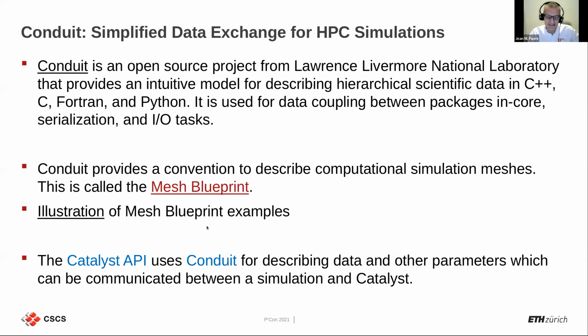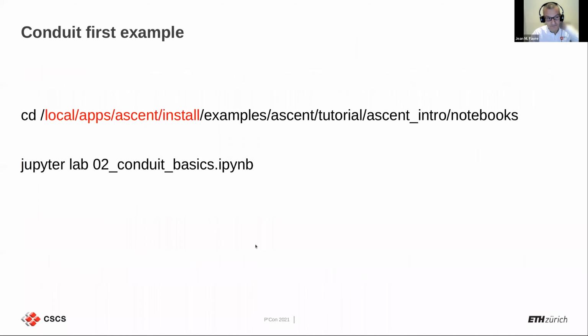So the great thing about this is that the Catalyst API uses Conduit for describing data. And we will see how this is done. So let's look at the first example of Conduit. I'm going to switch to my laptop here.